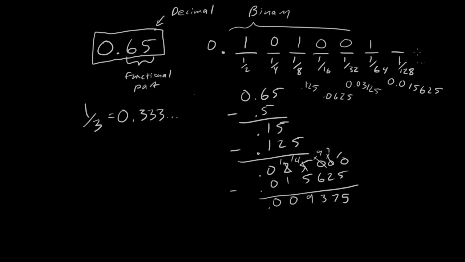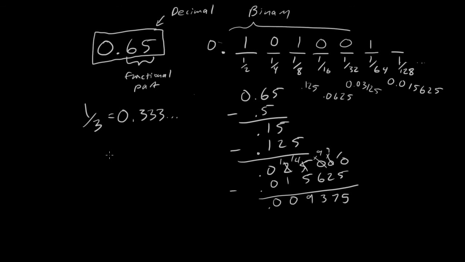You can try that on your own. I'd like for you to keep trying this, but in any event, you might notice when you are dealing with floating point numbers that the number that you put in, like say 0.65, is not necessarily going to be the same as the number that you get out when you print that number out. The reason for that is this problem where we only have a fixed number of bits to work with, right?